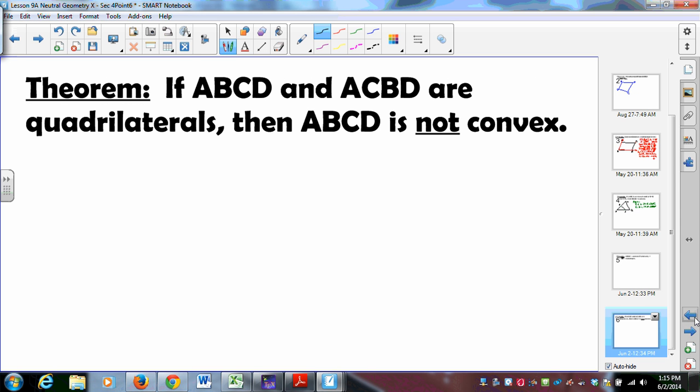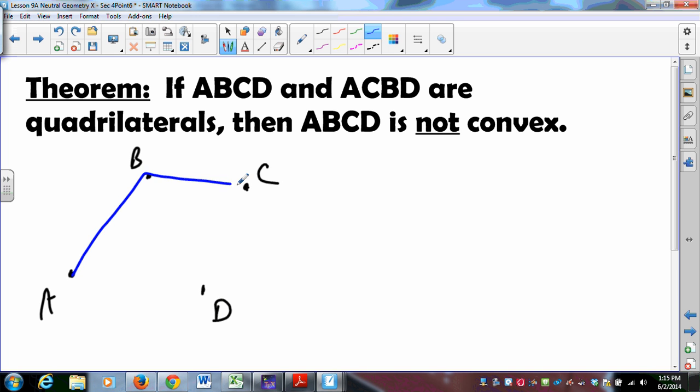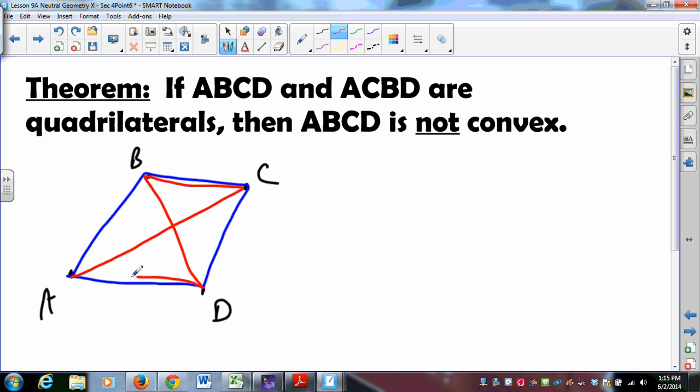And then if ABCD and ACBD are both quadrilaterals, then ABCD is not convex. And the argument goes the same way. Let's not be crazy. If I have A, B, C, and D, and I connect them A, B, C, D, that's a quadrilateral. And I connect them A, C, B, D. What the heck is that?